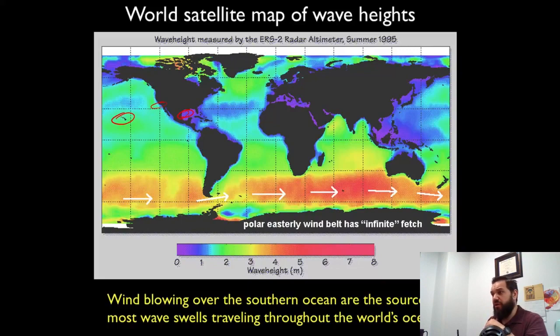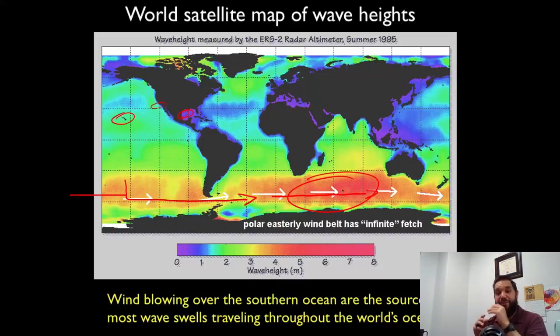But you'll notice that the largest open ocean waves are here in the Southern Ocean. Okay, and the reason for that is because we learned before about the westerlies, right? Well, now the westerlies in the southern hemisphere are blowing like this, right? They're blowing from the west, and there's no continent to disturb them, right?